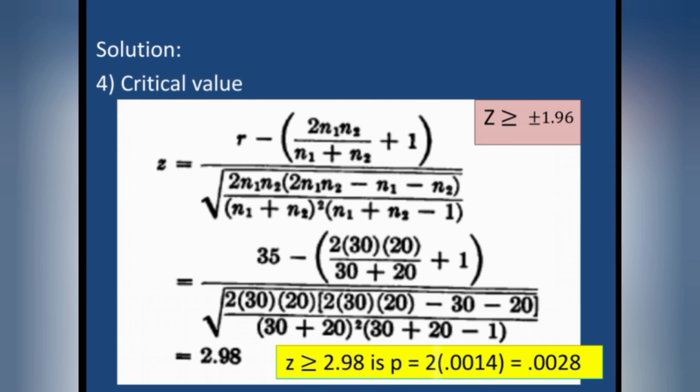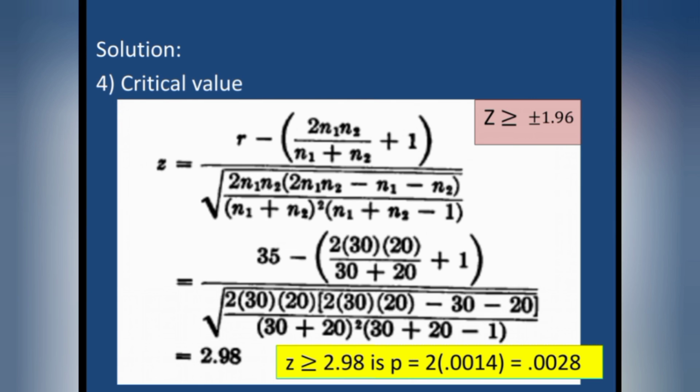The probability is twice the p given in the table because a two-tailed test is called for. Inasmuch as the probability associated with the observed occurrence P is equals to 0.0028 is less than the level of significance alpha is equals to 0.05.